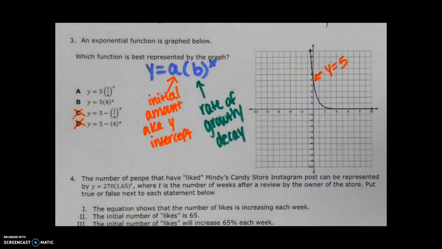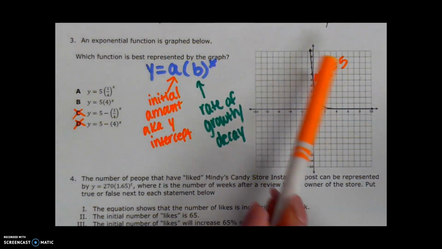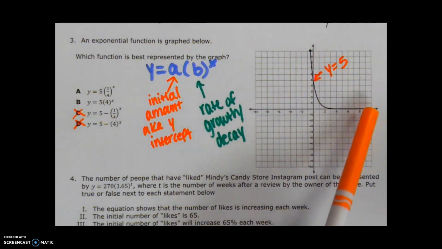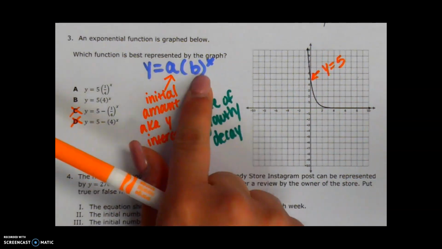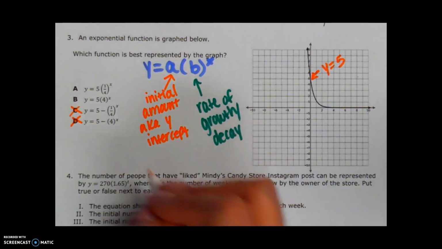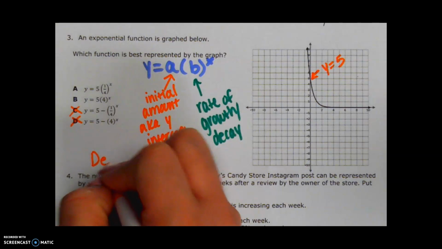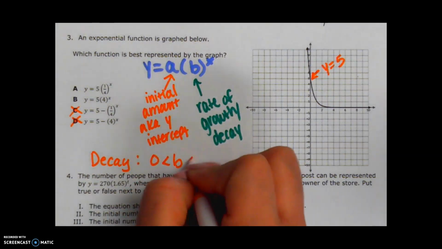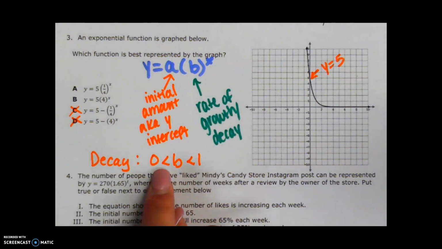So also just by looking at it, I can tell that this is a decay. Remember, if it's decay, B, that rate of decay, has to be somewhere between 0 and 1. That's all it means.